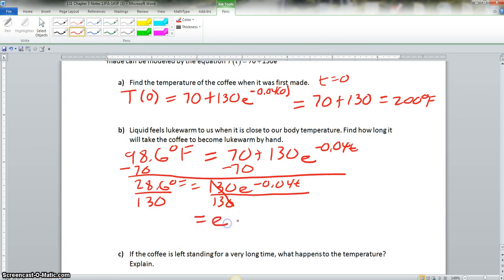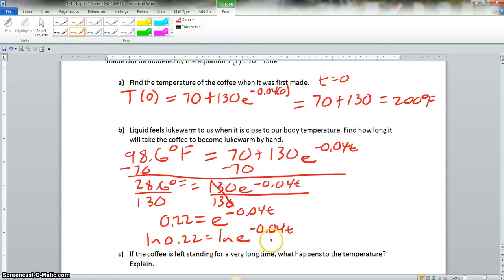And this on the right side will give us e to the negative 0.04t. And on the left side, when we take 28.6 divided by 130, it gives us 0.22. Now we need to take the natural log of both sides. So we have the natural log of 0.22 is equal to the natural log of e to the negative 0.04t.